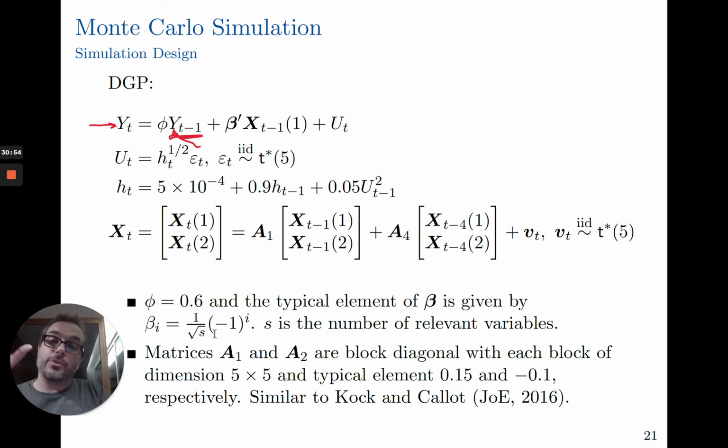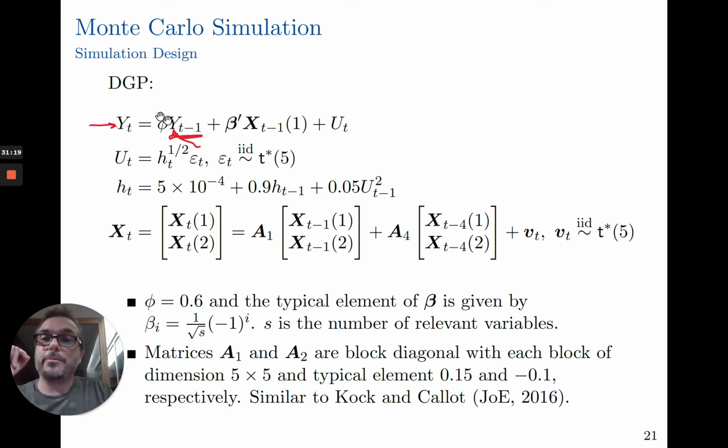So we are going to simulate this model for different scenarios of total number of observations, number of variables included in the model, and number of truly non-zero variables, so the number of relevant variables.